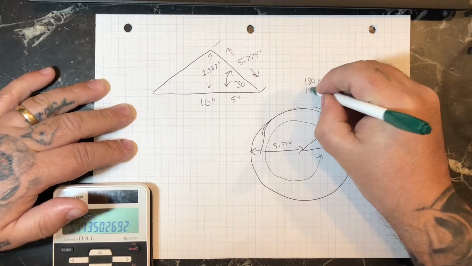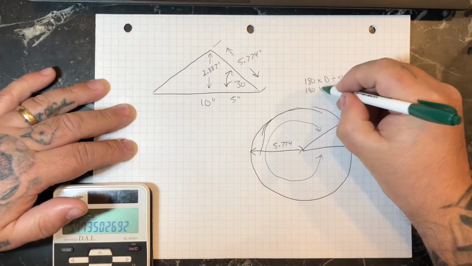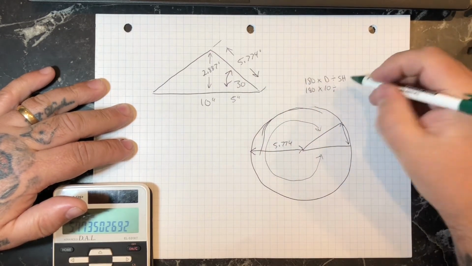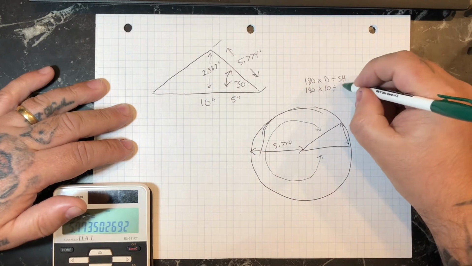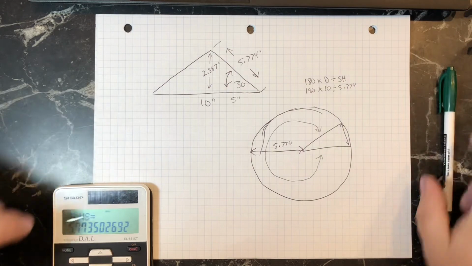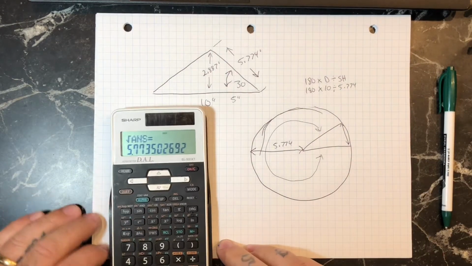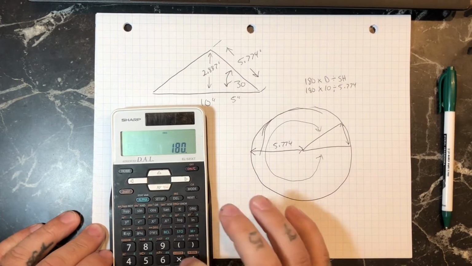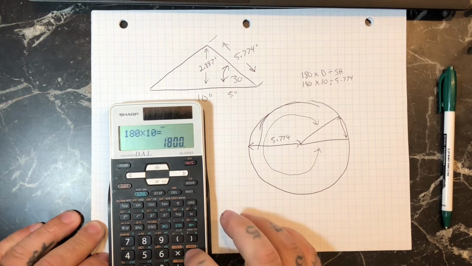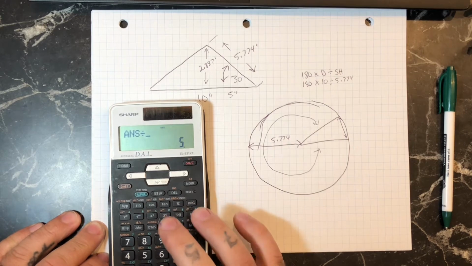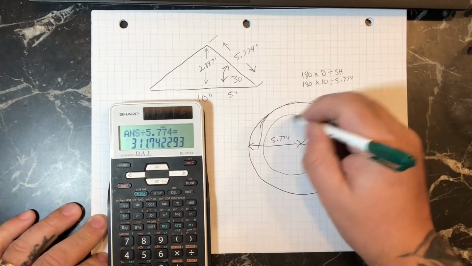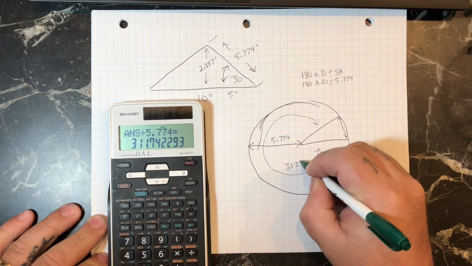So 180, we have a 10-inch diameter, divided by our slant height, or radius, of 5.774. On the calculator, 180 times 10 equals, divided by 5.774 equals, so all the way around, that's 312 degrees.